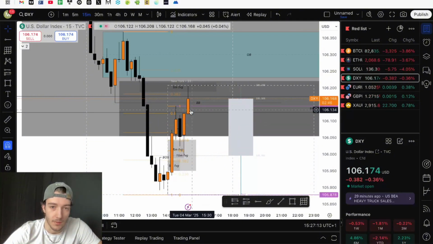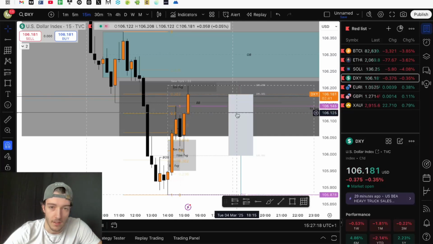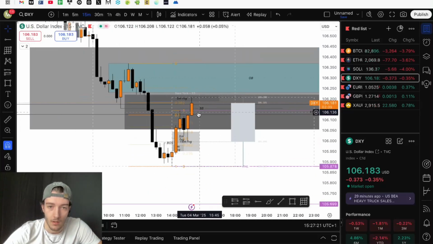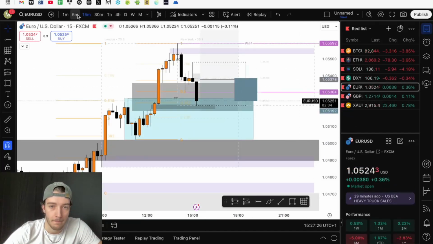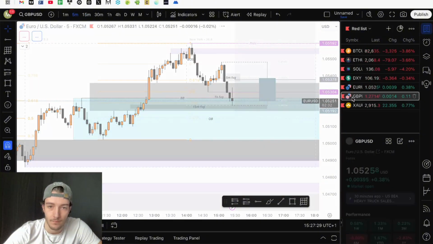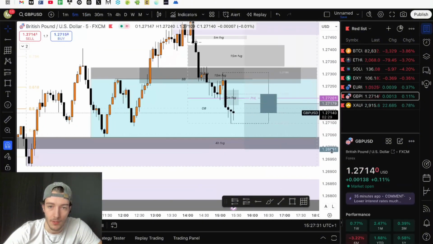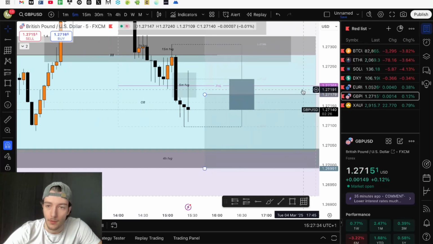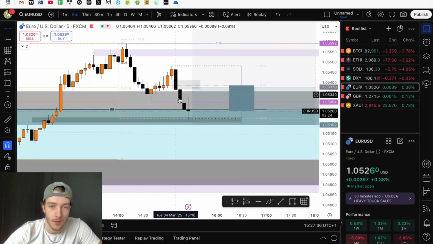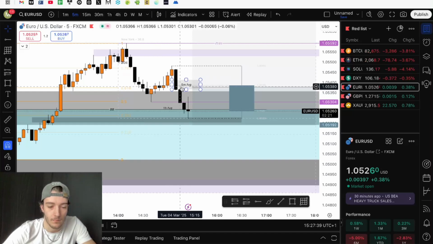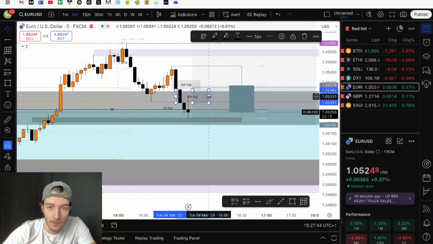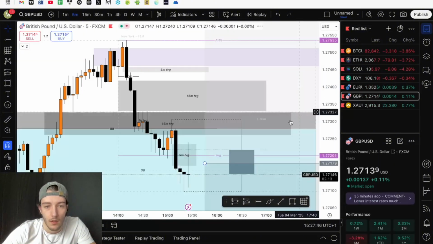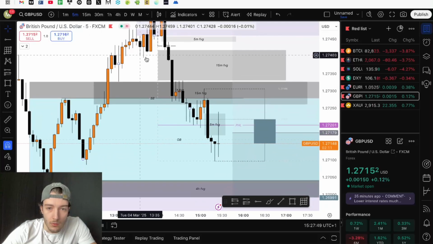As I said, if this 15-minute candle closes below this high, it kind of indicates that we are going to start moving lower. Ooh, big spike into this 5-minute bearish fair value gap on GU and Euro. We actually formed two bearish 5-minute fair value gaps on Euro. Cool.